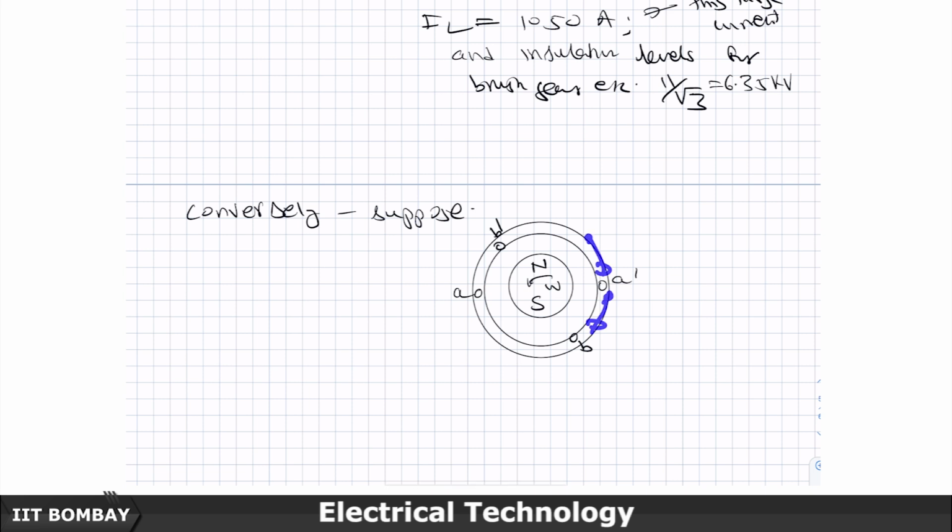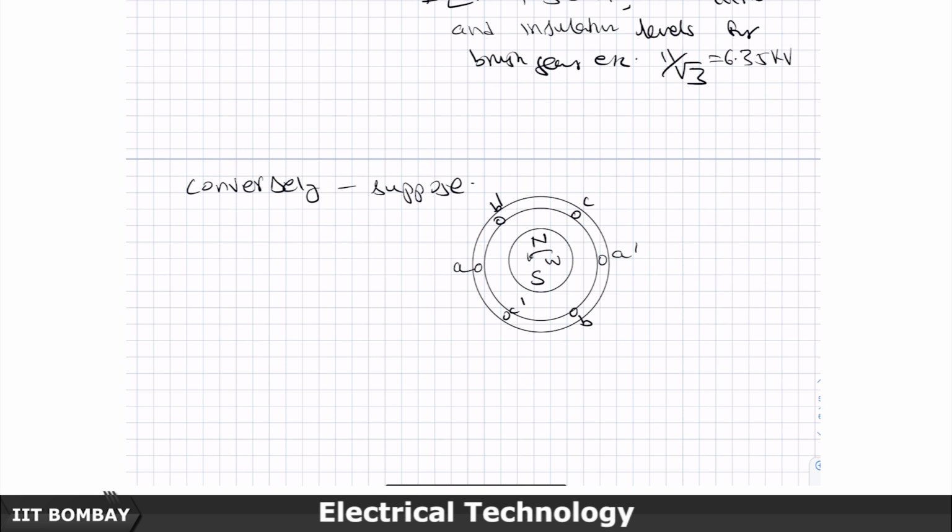So, add another 60 degrees here, and this would give you C and C dash coming here. So, the order has changed between when the AC winding was on the rotor and now when the AC winding is on the stator.